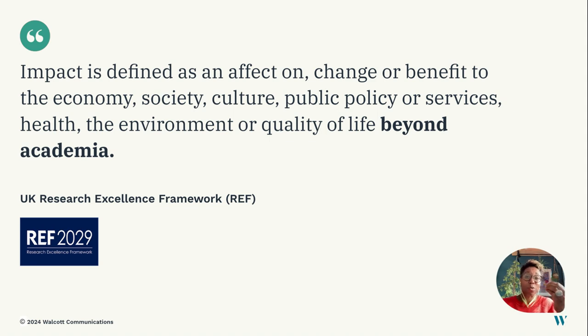What this REF definition is doing is attempting to capture the many diverse ways in which research can make a tangible and material difference in our lives, be that at an international, national, or community, or even individual level. And let me draw your attention to the last two words there, beyond academia. You'll notice that they make it very clear that the impact they're interested in is impact beyond academia.